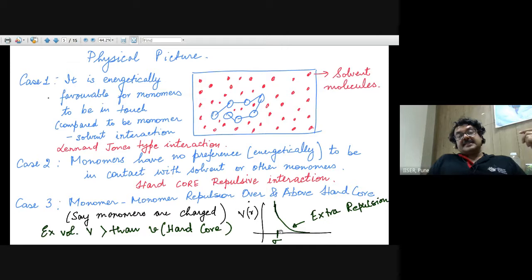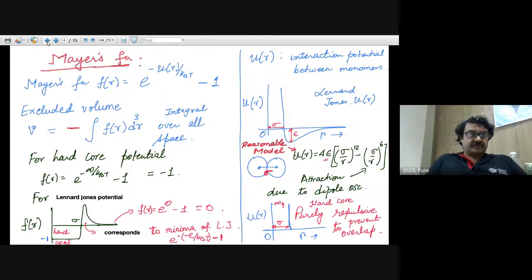But even at distances higher than sigma, there's some extra repulsion which could come due to charge, or it could come due to other reasons, which we are not going into. So suppose there's an effective repulsion between monomers, and it would rather be in contact with the solvent. So in these three different cases, the question we want to discuss is, what is the value of this excluded volume, which is given as the negative integral of the Mayer function, right?